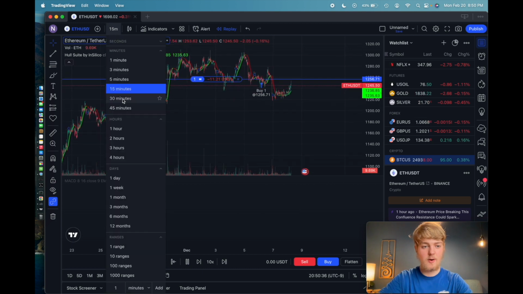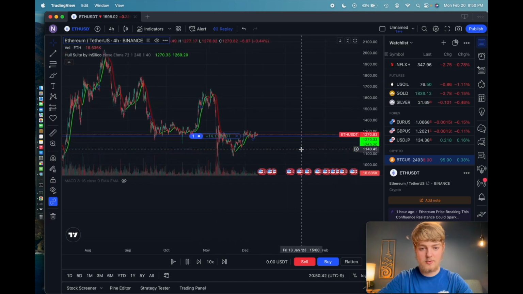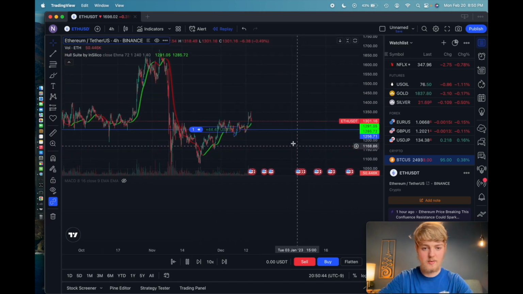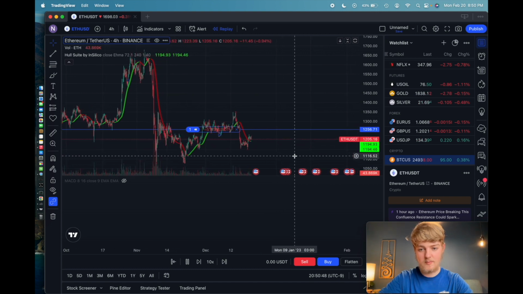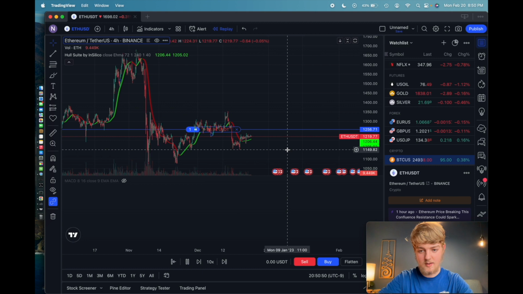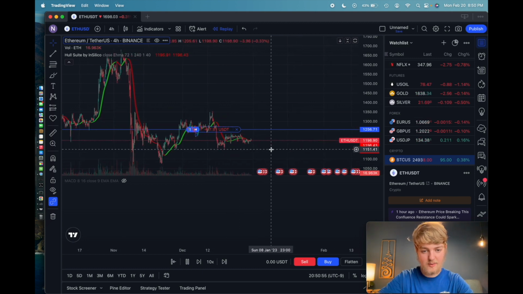Let's switch back to 4 hour, because the bigger trajectory here, keep playing. Starting to go up. And that looks like I would have been stopped out there.